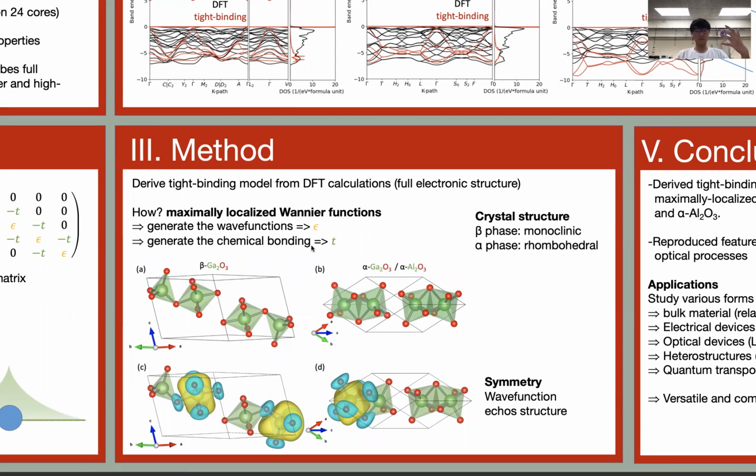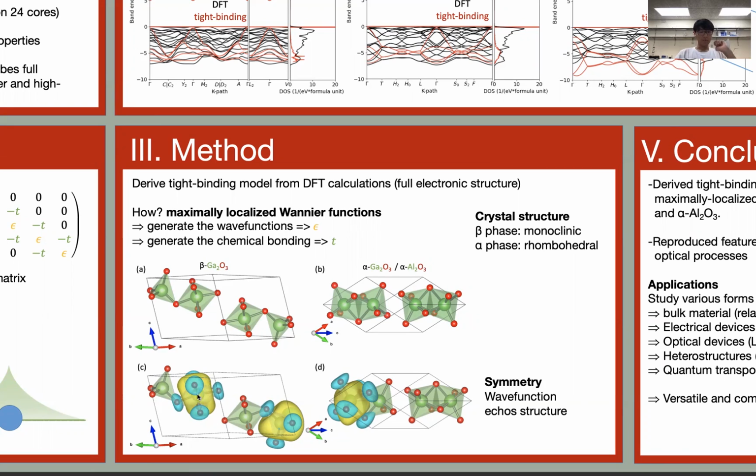Either way is fine. So I'm plotting here the crystal structure of the materials we're studying: gallium oxide, beta phase, and alpha phase gallium oxide or aluminum oxide. And then I'm also plotting the resulting Wannier functions we obtain from the DFT calculations. As you can see, the Wannier function has a very interesting shape that echoes the local chemistry environment.